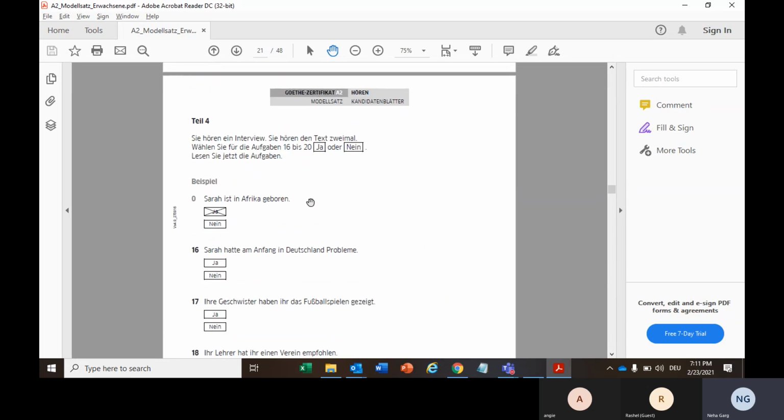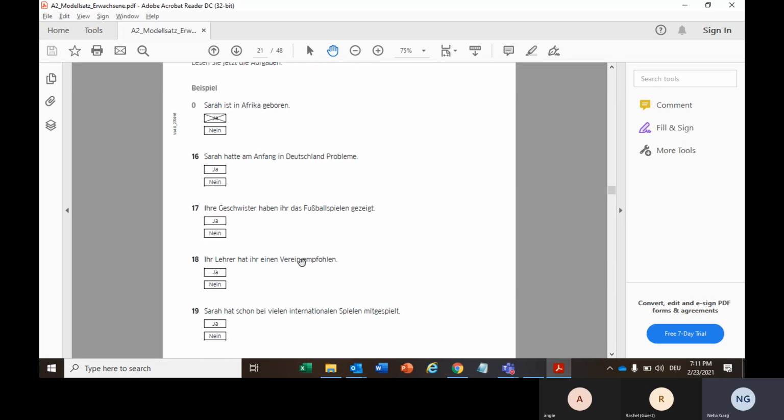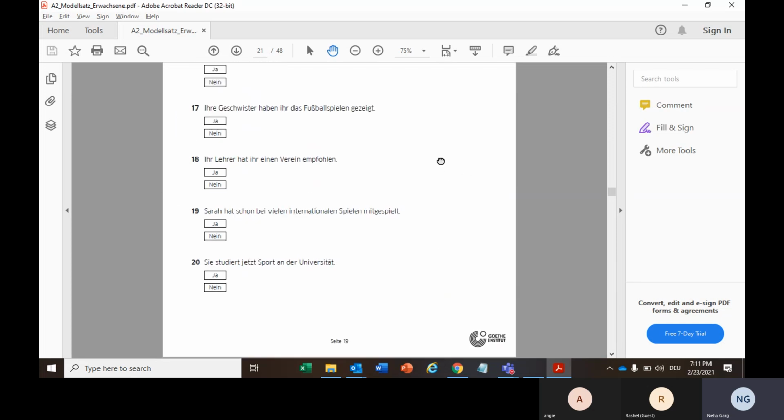Then in Teil 4, you will listen to the audio 2 times, and then you have to give yes/no answers based on the information you heard in the audio.